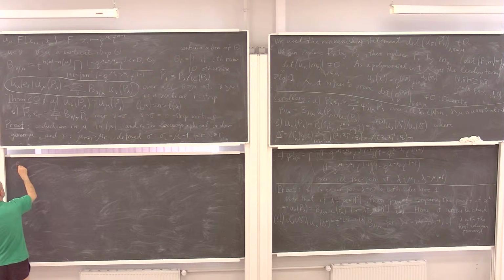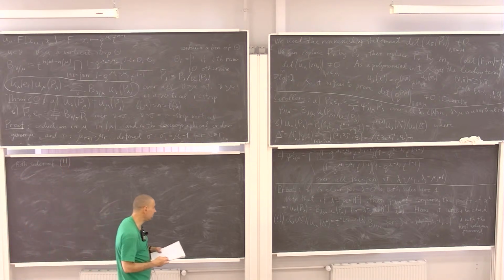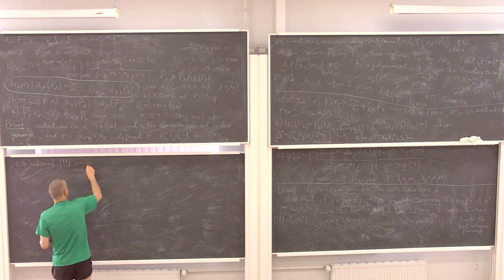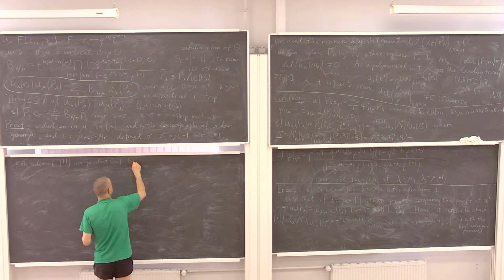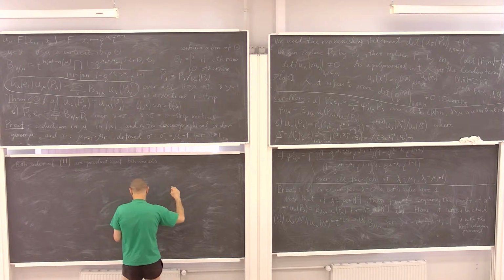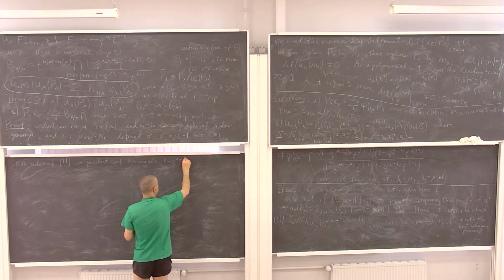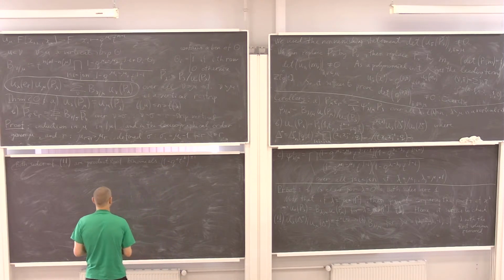Now both sides of this equality we are going to prove are products of binomials, or maybe products and ratios, like 1 minus q to a, t to b, so products or ratios of such things.